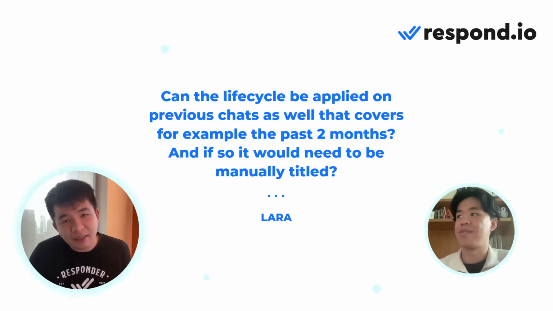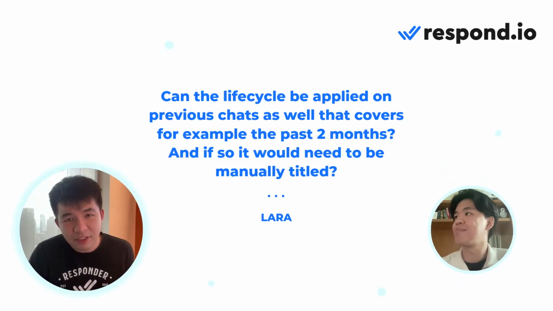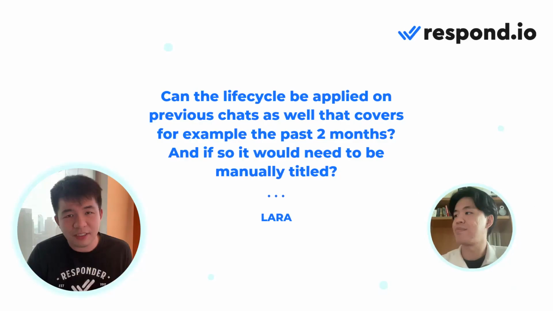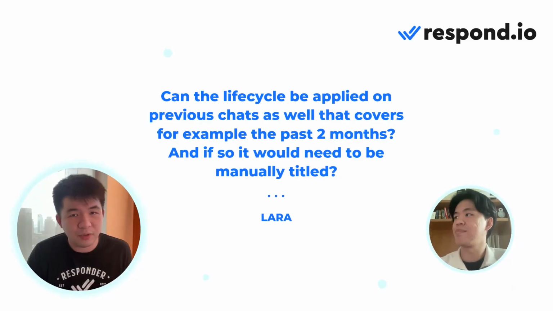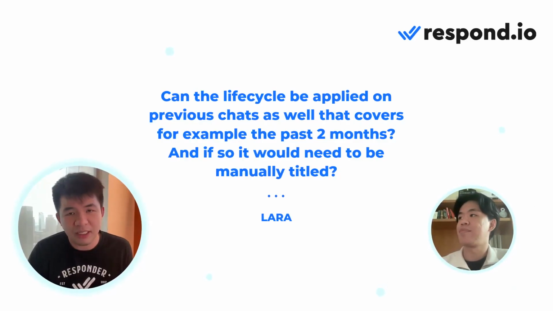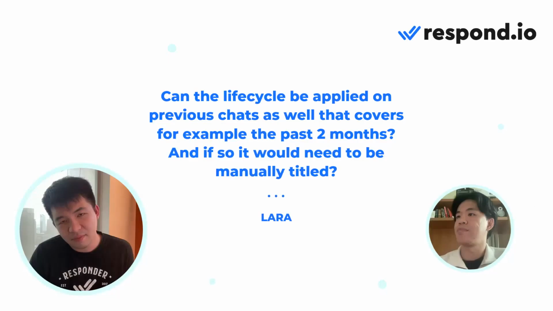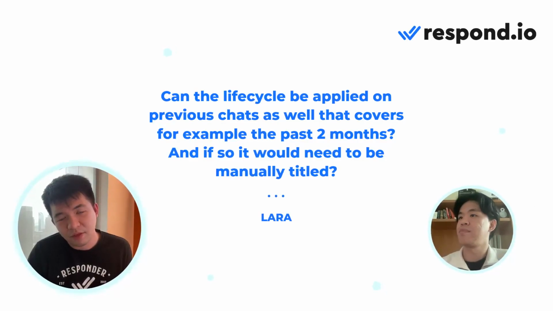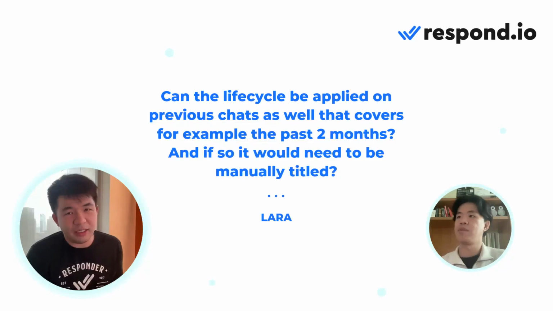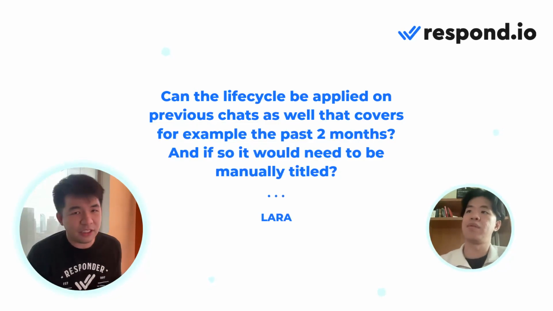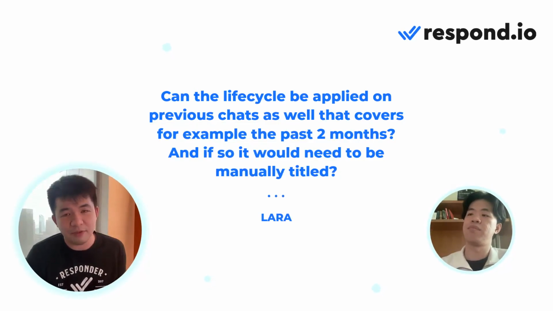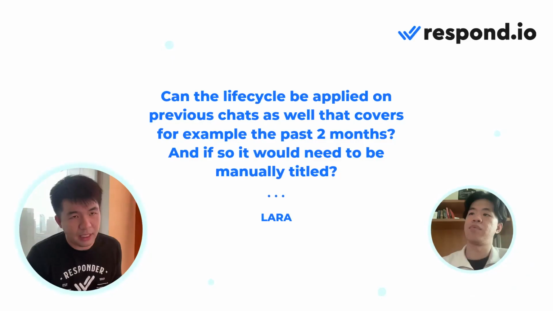All right, so can the life cycle be applied on previous chats as well that covers, for example, the past 2 months? And if so, it would need to be manually titled? For the first question, can the life cycle be applied on previous chats as well, for example, the past 2 months?